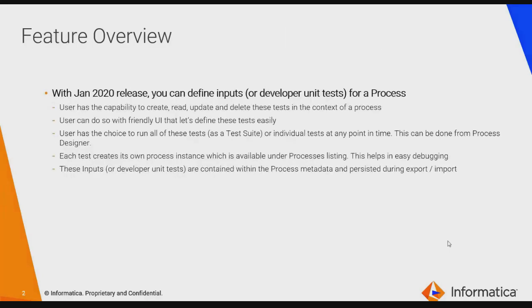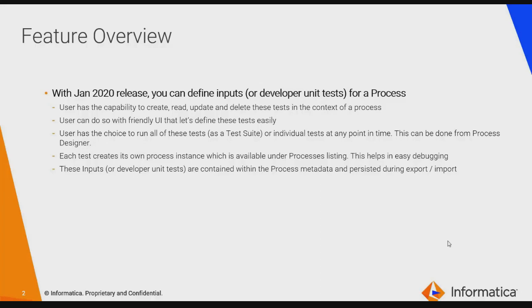Now the user has the capability to create, read, update and delete these tests or the inputs in context of a process, and they can do so using a friendly UI that gives them all the options to perform these actions. Choose the fields, they can give the test a name, they can define multiple tests, they can edit a test, and they can do a bunch of other stuff, as we'll see in the video shortly.